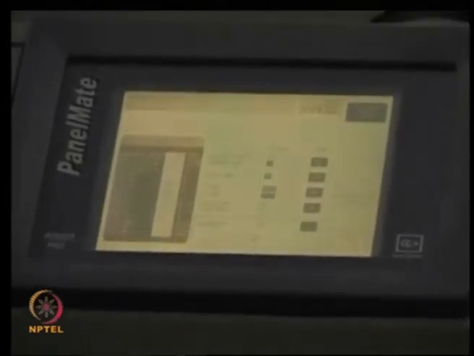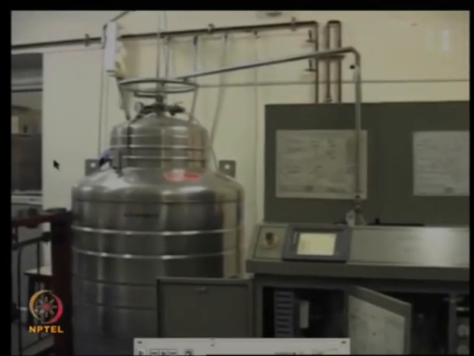So, this is the display which will be there, and this is now the liquid helium which is produced in the cold box. It will be transferred using this transfer line to the main dewar. Now, this main dewar is of around 500 liter capacity, alright. So, this is a transfer line which transfers liquid helium from your cold box and enters the main dewar, and if somebody wants to take liquid helium from our laboratory, it will be transferred from this to the user.